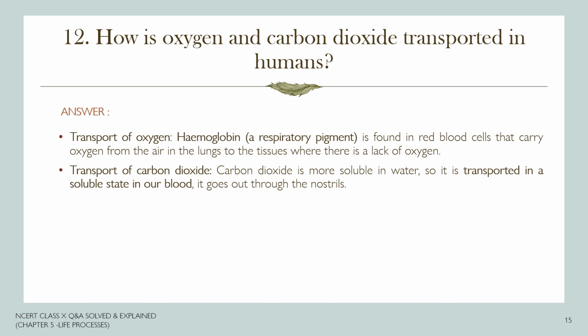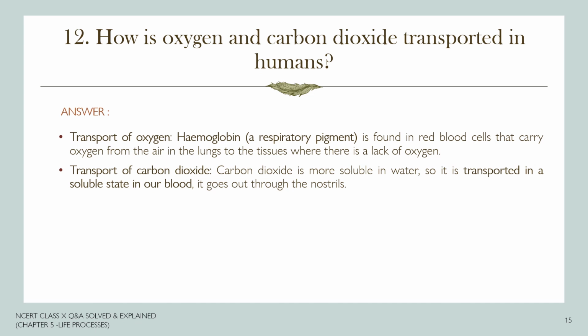How are oxygen and carbon dioxide transported in humans? Oxygen is not easily dissolvable in water. Hence, to carry oxygen to different parts of the body, there is a respiratory pigment called hemoglobin, which is found in the red blood cells.